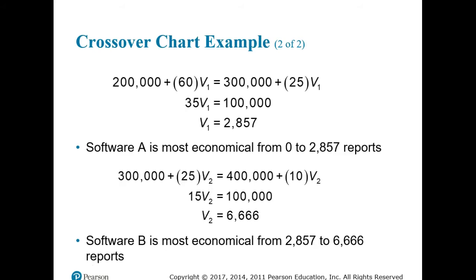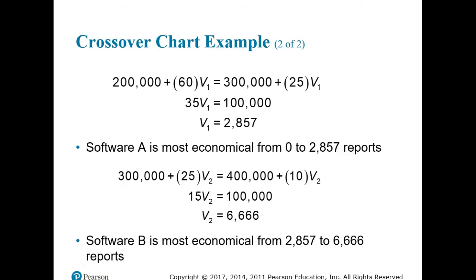To determine that first point in volume, we set the cost of software A equal to the cost of software B, with the unknown volume. This means that software A is the most economical from 0 reports to 2,857 reports.